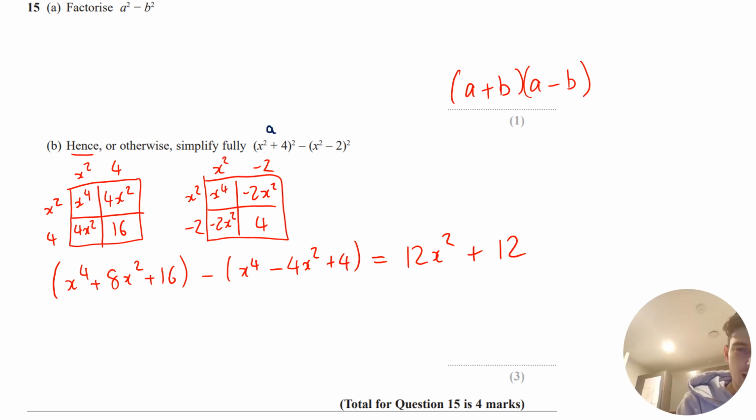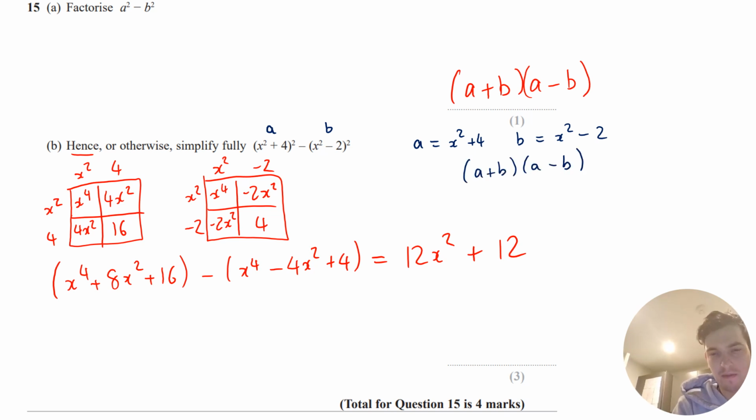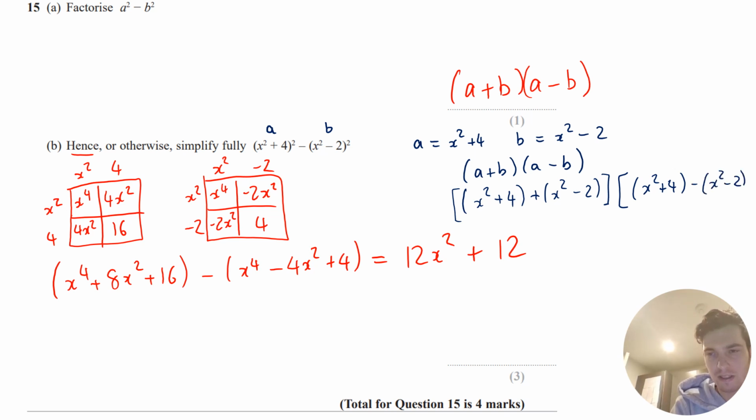So if instead you said, okay, a equals x squared plus 4 and b equals x squared minus 2, well, what you could do here is write this as a plus b, a minus b, where a is x squared plus 4, so that is a plus b, and then a minus b is that thing there.